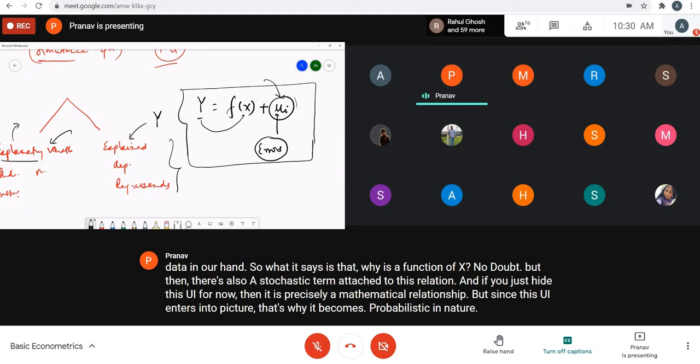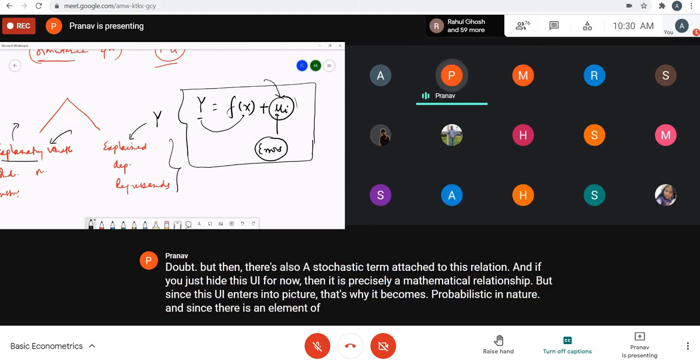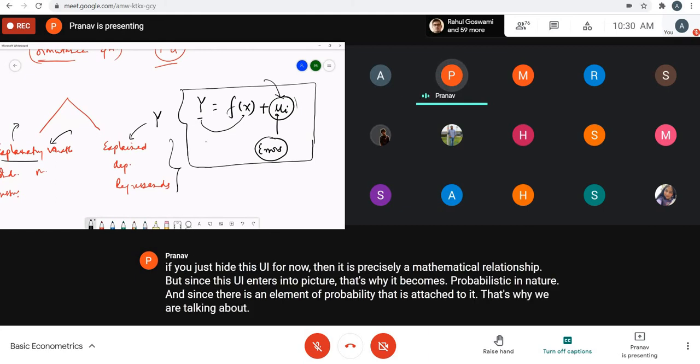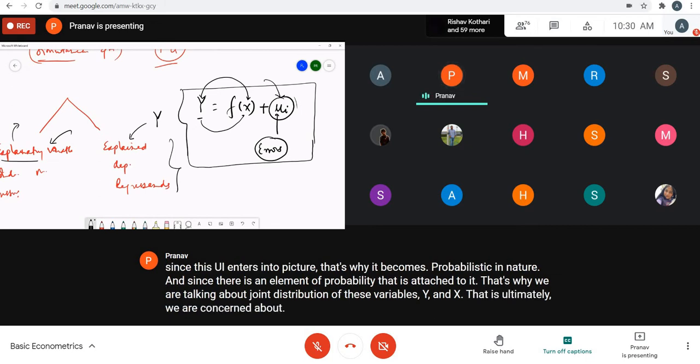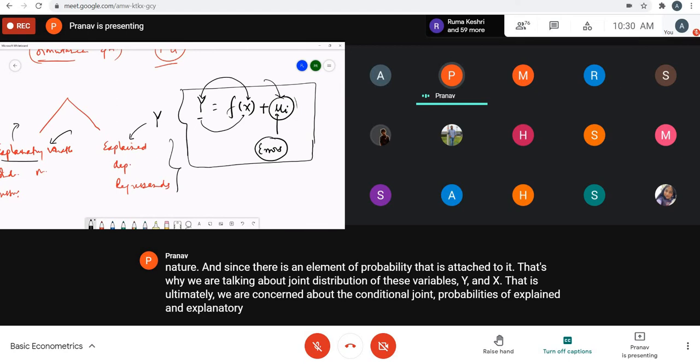And since there is an element of probability attached to it, that's why we are talking about the joint distribution of these variables y and x. That is, ultimately we are concerned about the conditional joint probabilities of explained and explanatory variables, is all what an econometric model talks about.